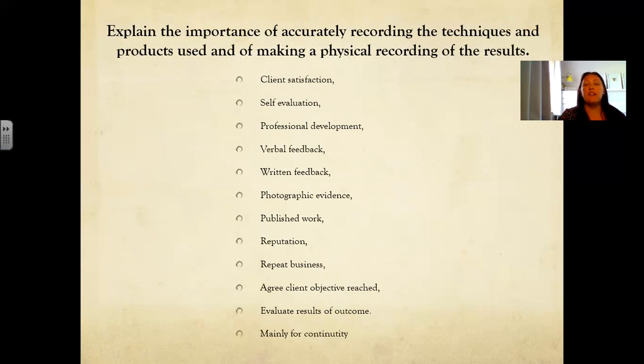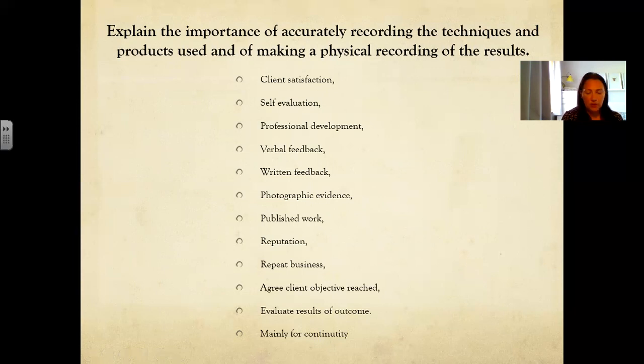And the importance of accurately recording the techniques, products used, making physical records of results. So as I said, for continuity, it's really, really important that you carry this out. So continuity is where you have to make a full record. Okay, so it might be your development journal.